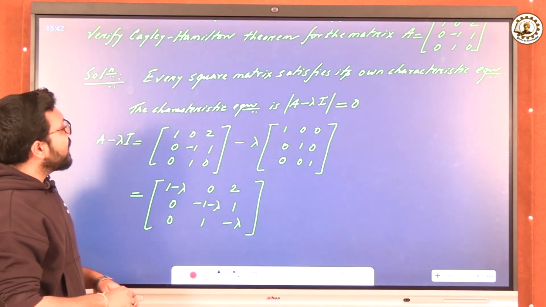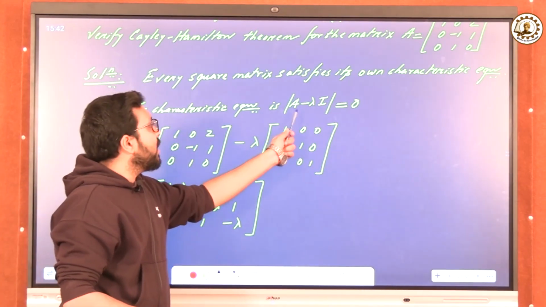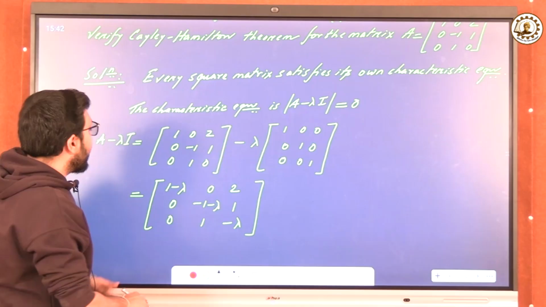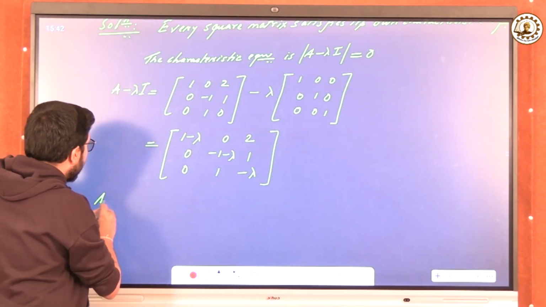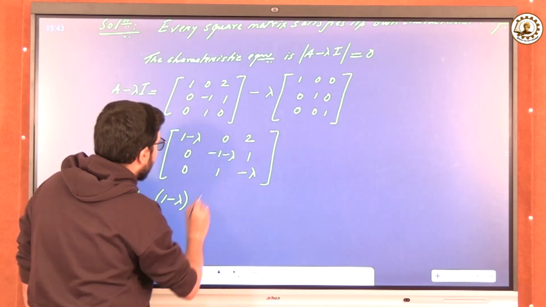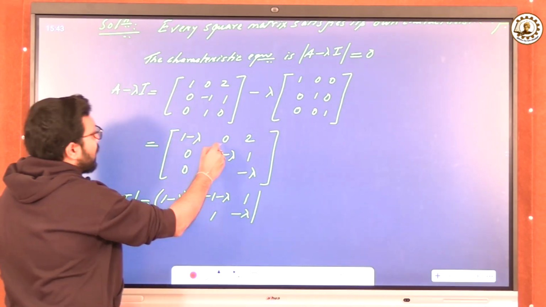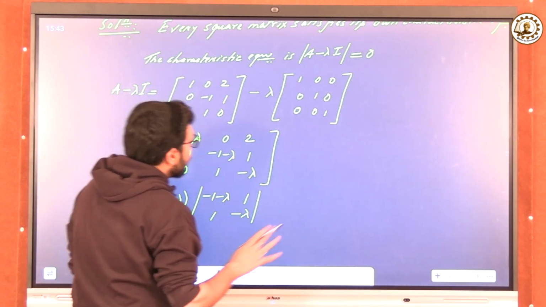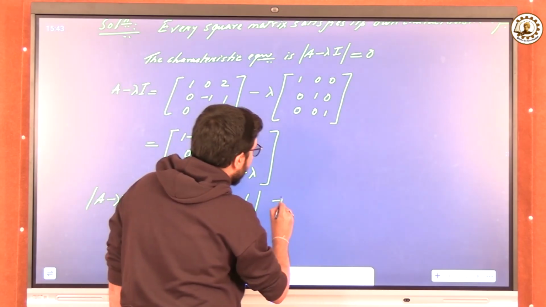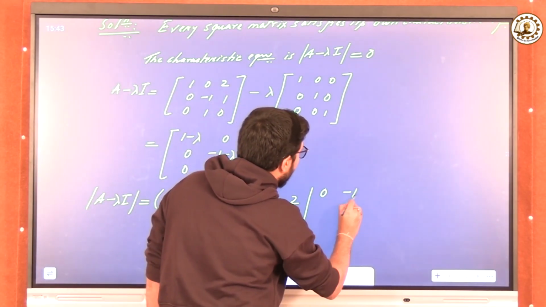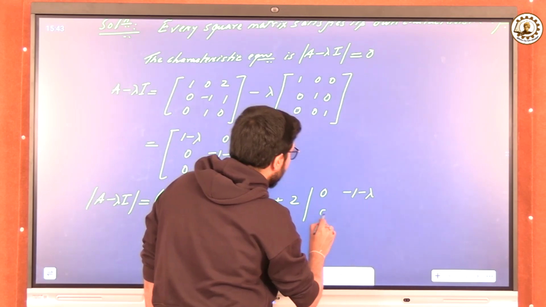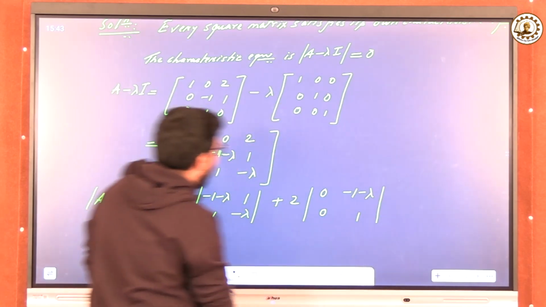Next, our objective is to find out the determinant value of this matrix. So let's just expand this matrix. Since the next element is 0, we are ignoring that part. The last one is 2 with respect to 2. Although we will get 0 here, still I am writing.